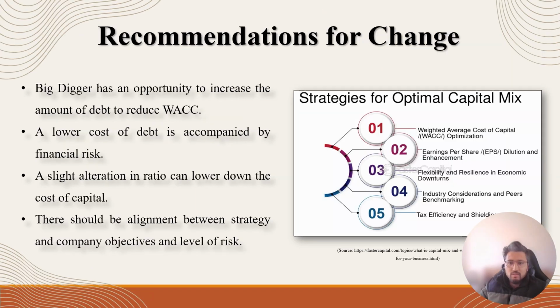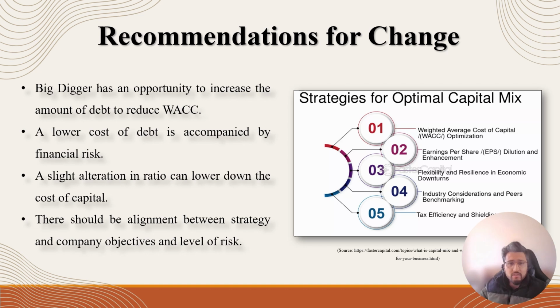So here, if we ask what could be improved, Big Digger has an opportunity to increase the amount of debt to reduce the weighted average cost of capital. Even though Big Digger's capital mix is safe, there's room to improve. Debt is currently cheaper than equity, so increasing it slightly could reduce the overall weighted average cost of capital.